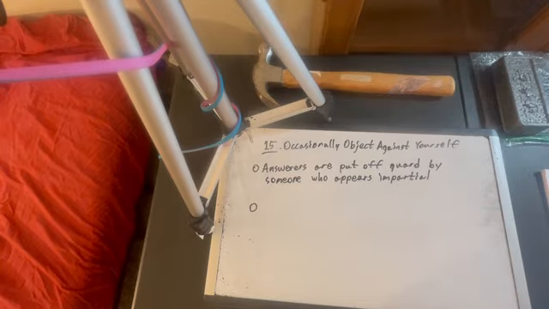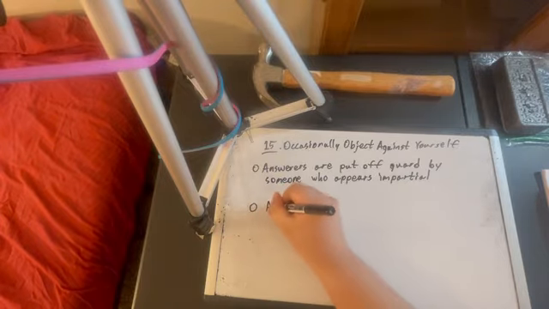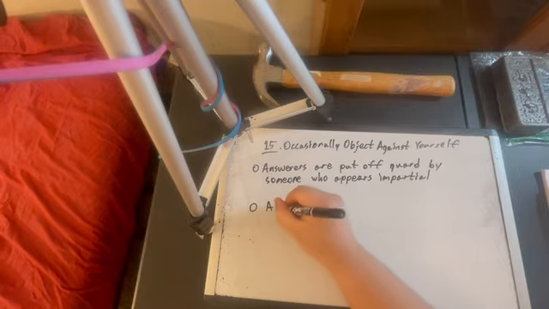Right, so self-objection can make the questioner seem fair and reduce resistance. Appearing impartial can make dialectical questioning more effective.